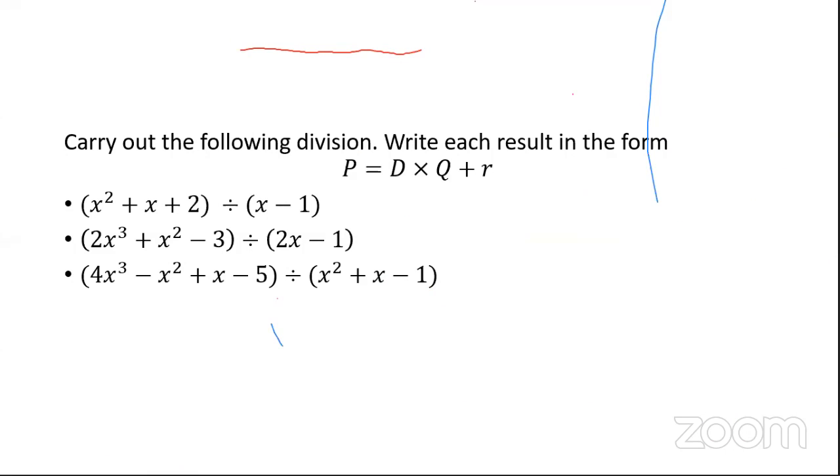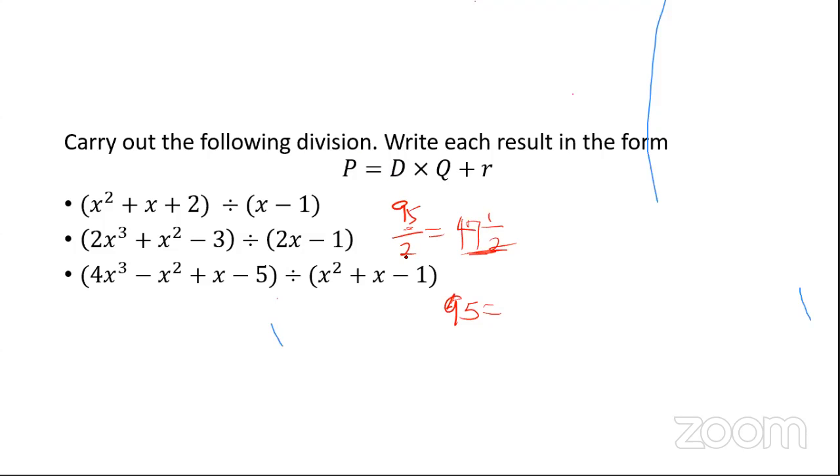We say carry out the following division. Write each result in the form P equals divisor times Q plus R. What they are just trying to say is that, for example, in the case of 95 over 2 that we did, we got 47 whole number, 1 over 2. So they don't want you to write it like this, but write it as 95, which is the polynomial, equals divisor.